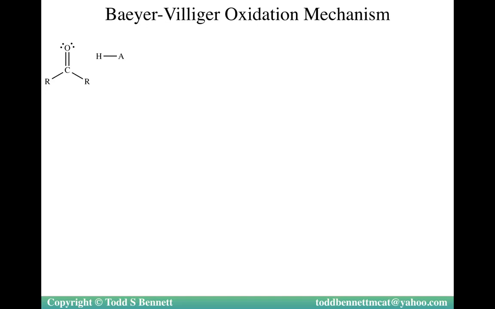So the mechanism can be a little cleaner here, hopefully. That peroxy acid is going to insert into that. My original, in this case ketone, but I could have an aldehyde as well, I'm going to protonate it, make it reactive, so that now this peroxide oxygen is free to attack. Put the bond up there.